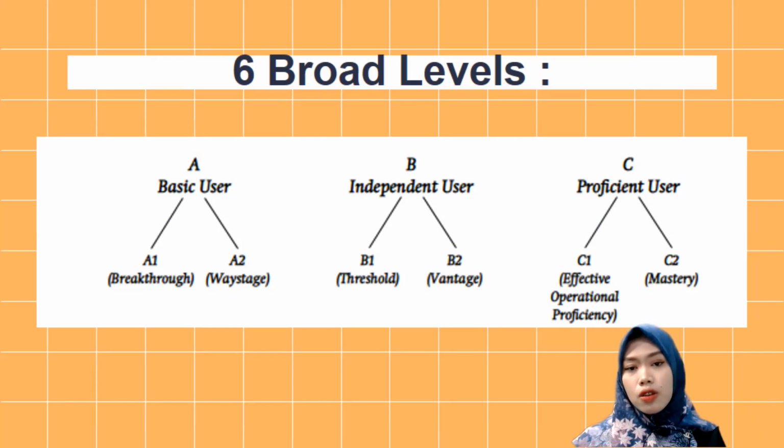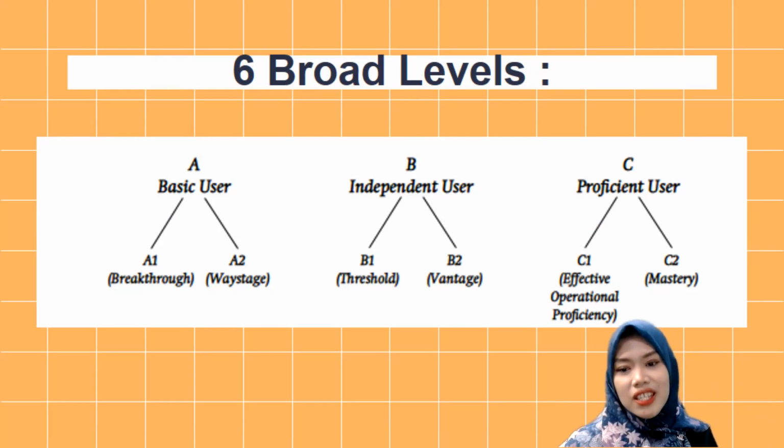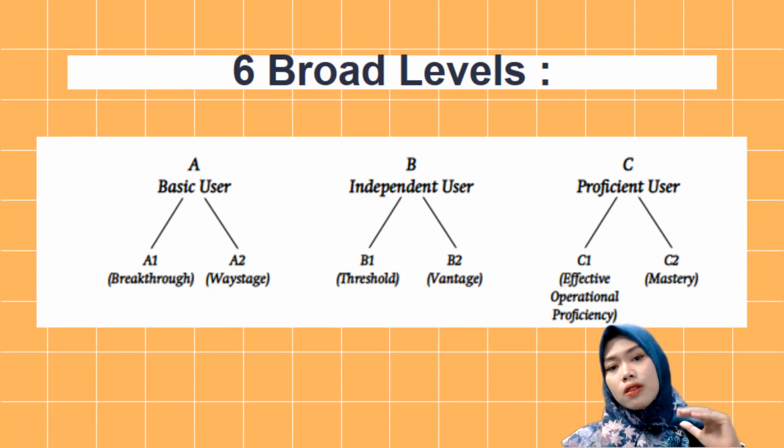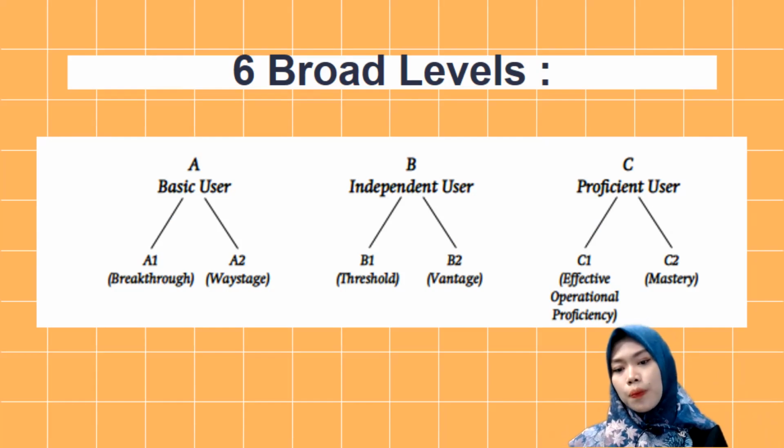And the independent user, or B, is divided into two, B1 and B2, threshold and vantage. And the last is C, or proficient user, divided into two, C1 and C2. This is effective operational proficiency and mastery.